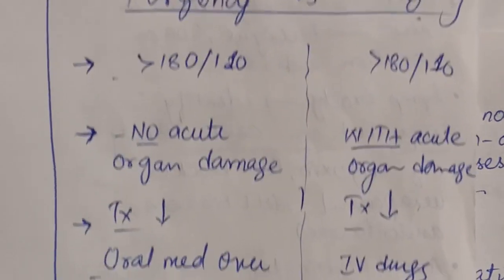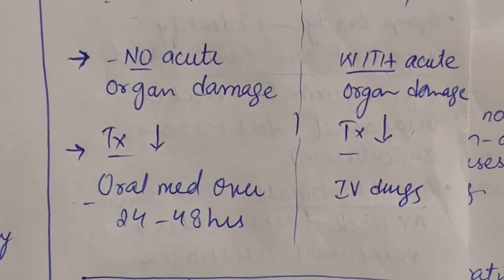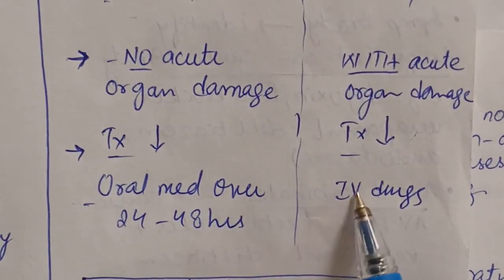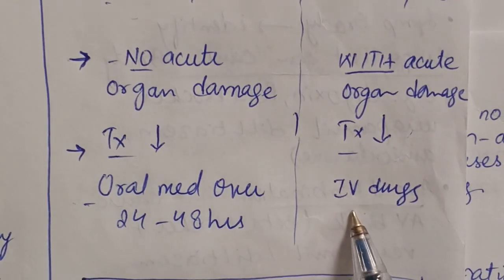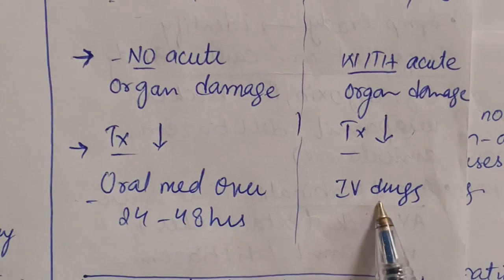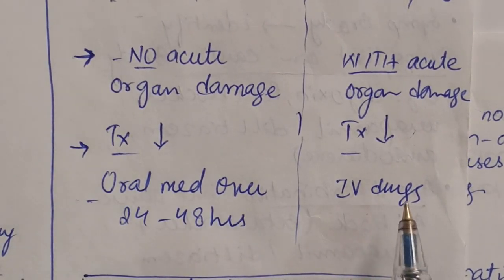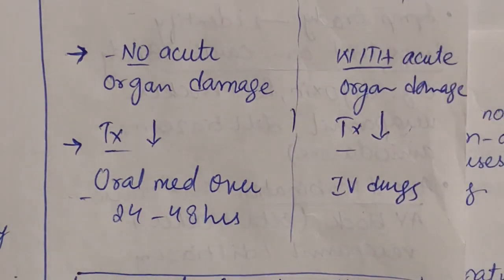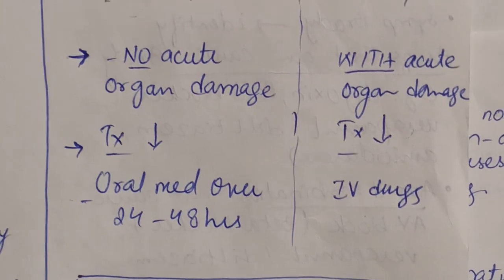On the other hand, in hypertensive emergency, we are going to normalize the BP through IV drugs, and there is a controlled decrease in blood pressure in the first hour. We are going to discuss it later in the second part of the video, the hypertensive urgency and emergency, the severely elevated blood pressure.